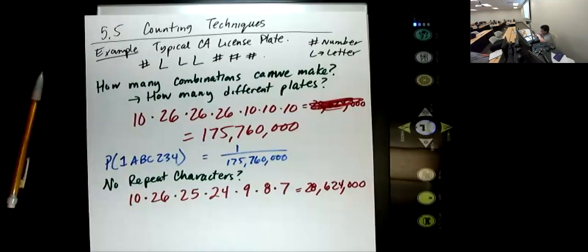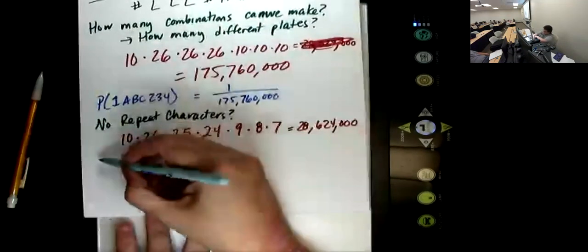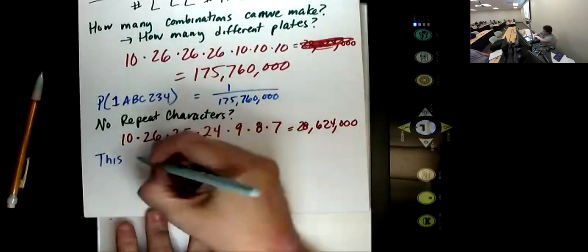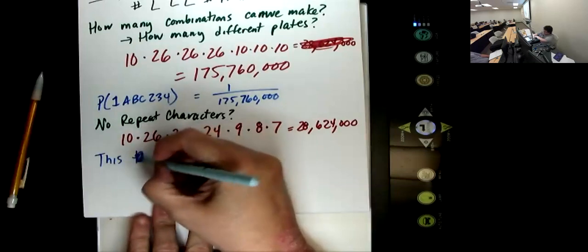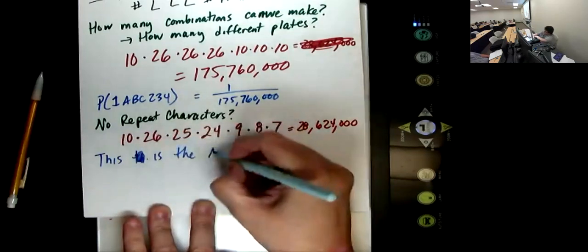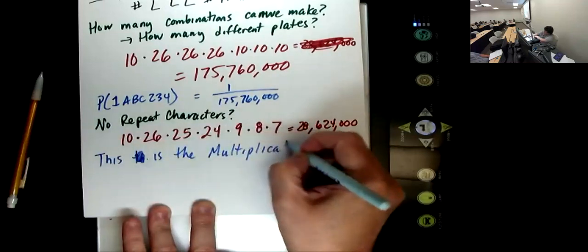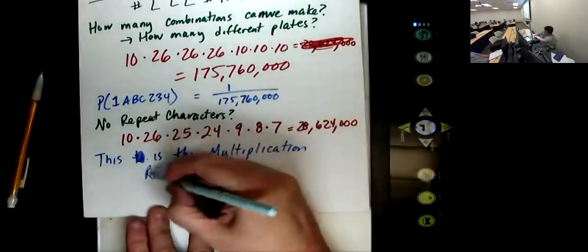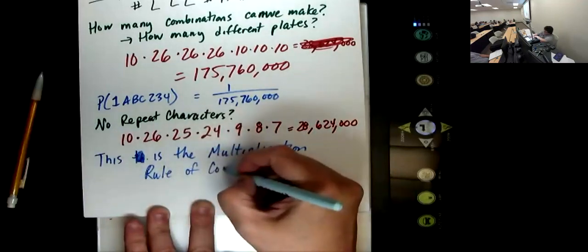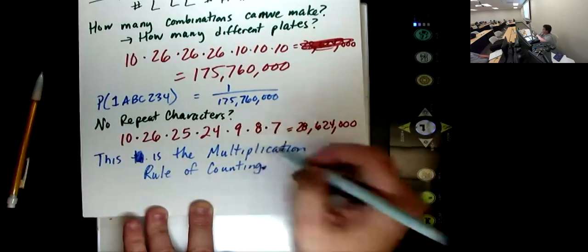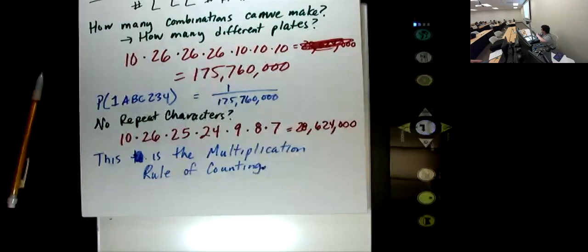These ideas are related to the setup called the multiplication rule of counting. I think this is helpful to know.